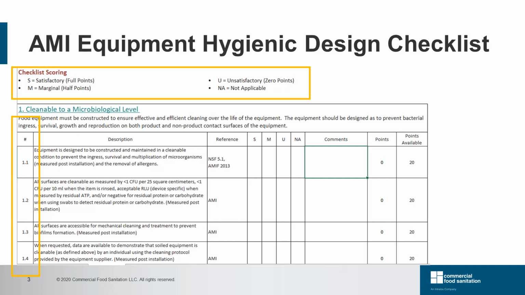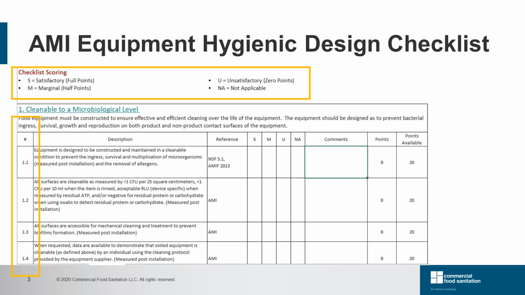If you think there are a few design flaws, then you may give it an M for marginal, resulting in half points, equal to 10 in this example. However, if you think the design features are not met, then you may rate it as U, like unsatisfactory, with 0 points. If this example, however, doesn't match that piece of equipment, then you rate it as NA, not applicable.